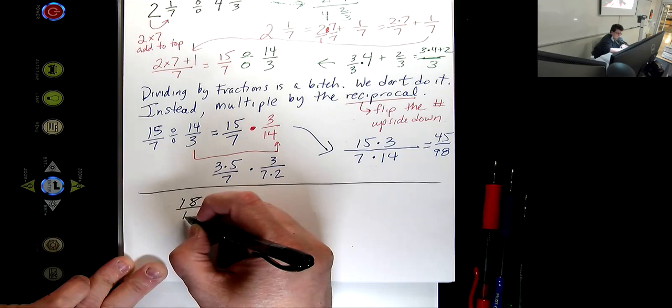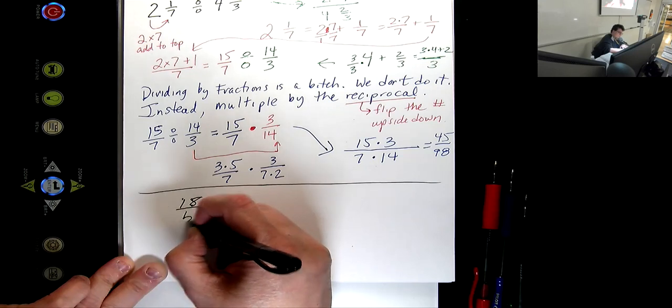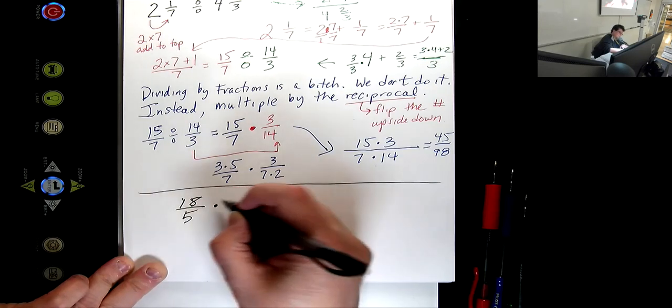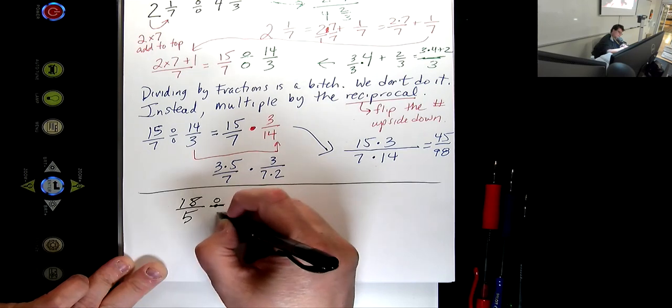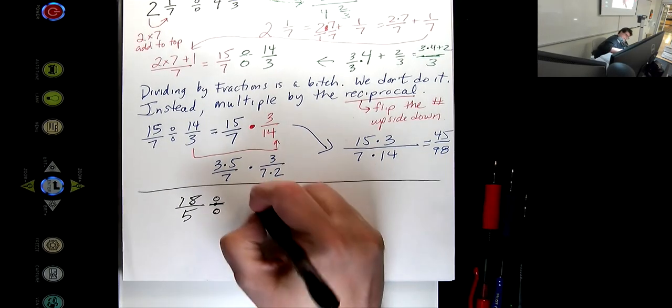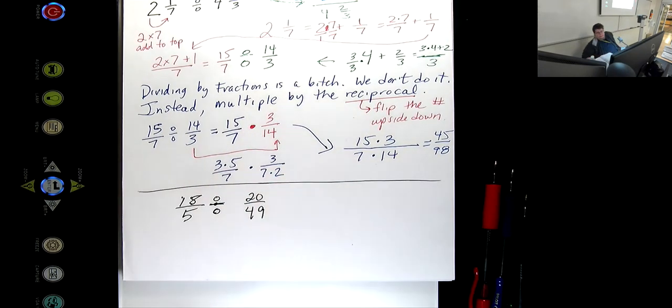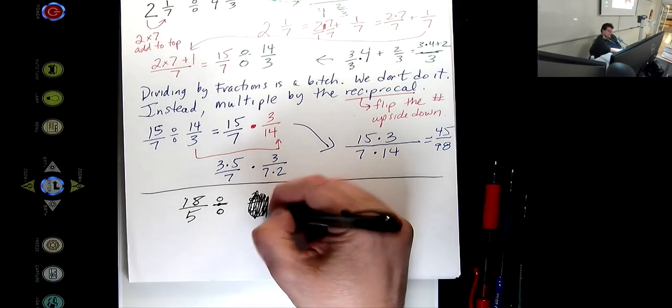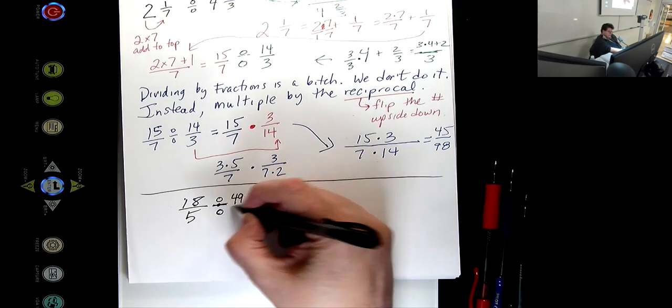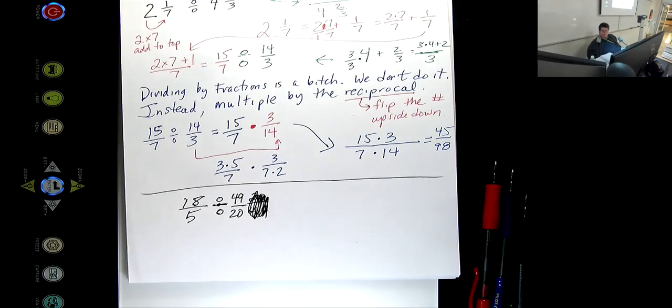Let's say 5 divided by 20 over 49. Nope, 49 over 20. Got to do the same problem I had in the last one.